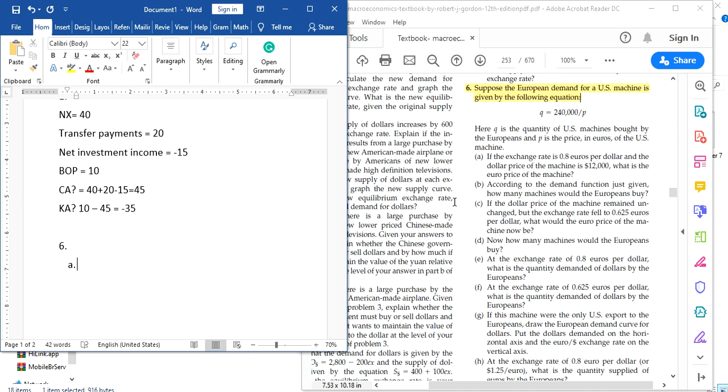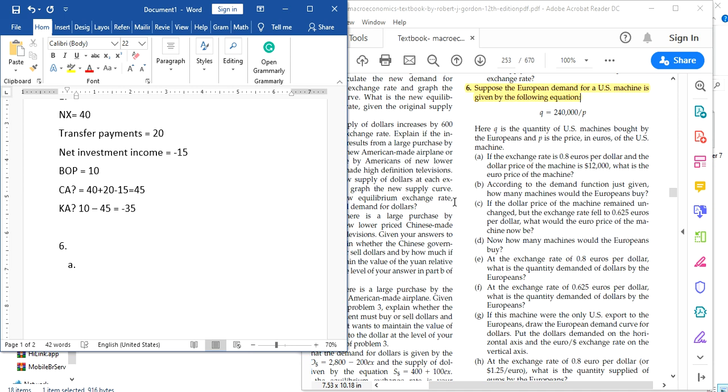If the exchange rate is 0.8 euro per dollar and the dollar price of a machine is $12,000, what is the euro price of the machine?